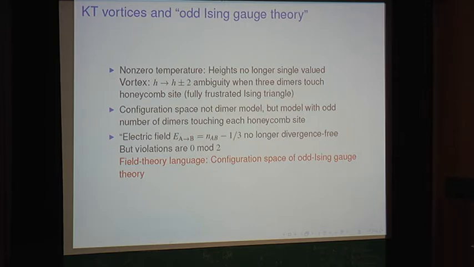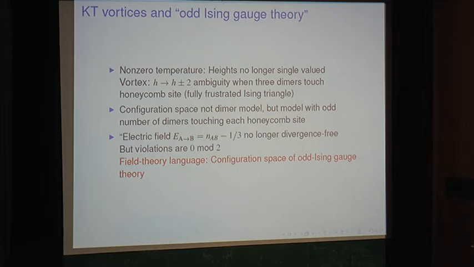There is an ambiguity of 2 when you go around a point, right? So that's a double vortex in the language. If you call h going to h+1 a single vortex, this is a double vortex. Okay? And so you should think of zero temperature as Kosterlitz-Thouless theory, or the theory of the XY model in which vortices have been suppressed by hand, and non-zero temperature as allowing vortices, which is the generic case. Okay?